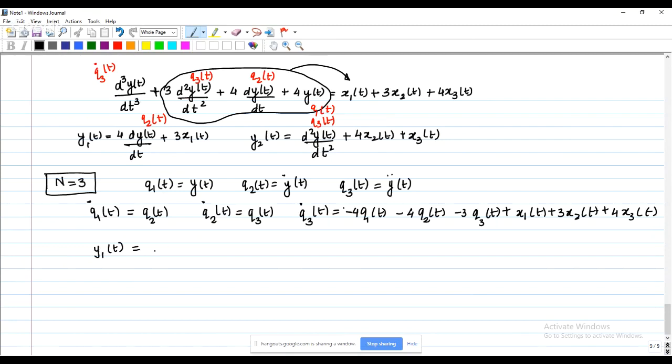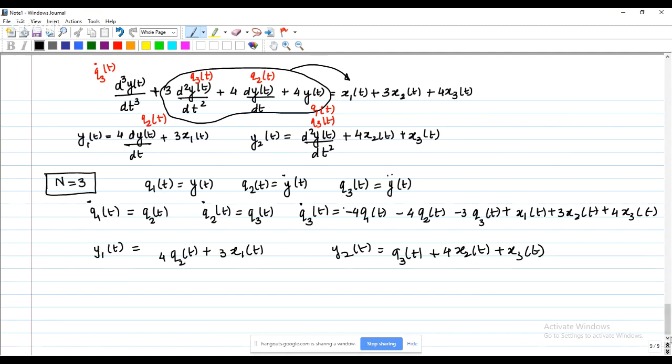So we have y1 of t will be equal to 4 q2t plus 3 x1t, and y2t will be equal to q3t plus 4 x2t plus x3t.